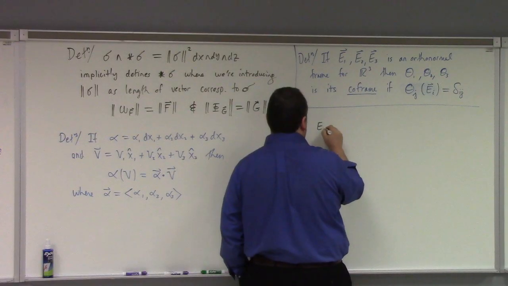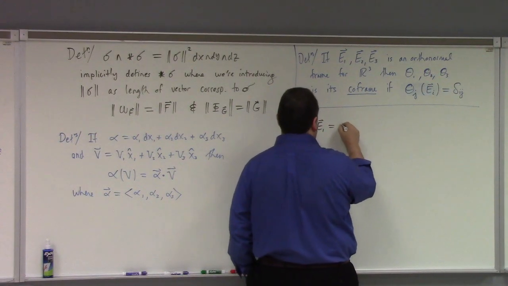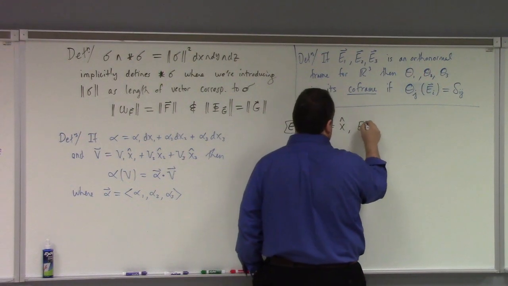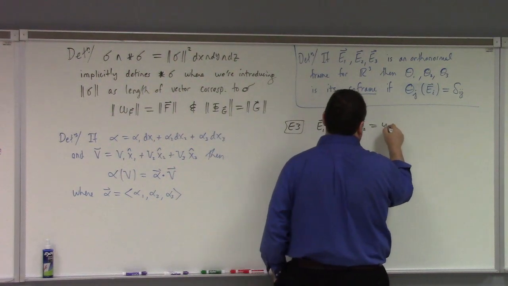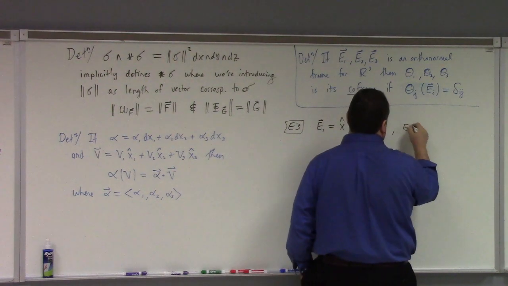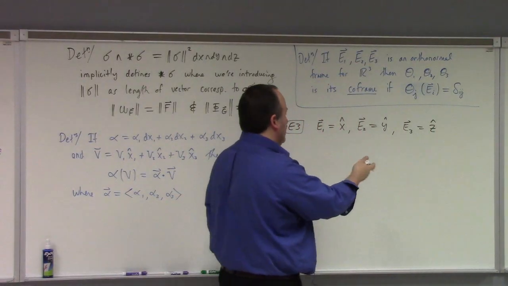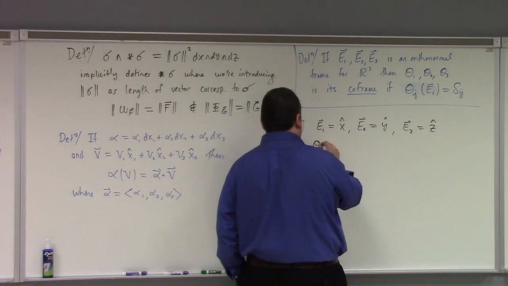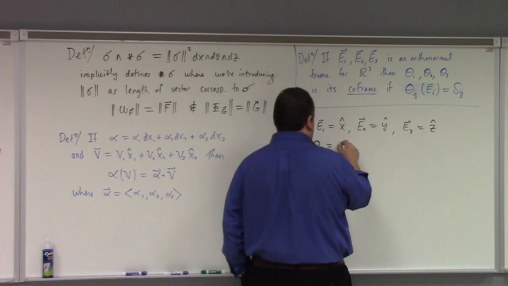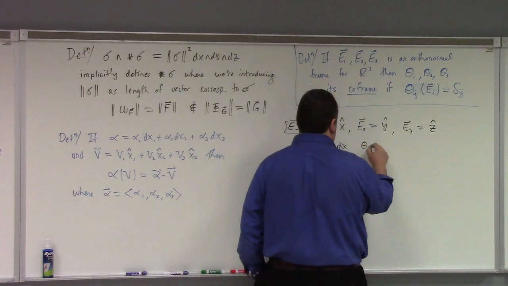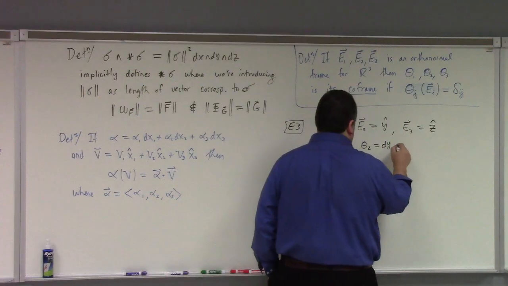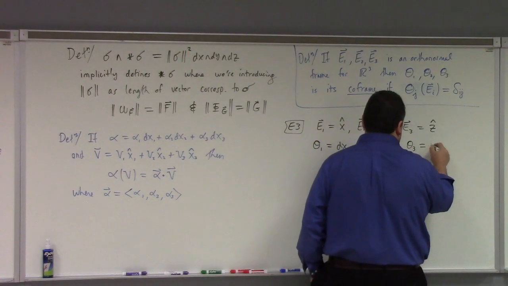If we think about E1 equal to x hat, E2 equal to y hat, E3 equal to z hat, right? That's an orthonormal frame. And in that context, we can see that theta 1 is dx, theta 2 is dy, and theta 3 is dz.